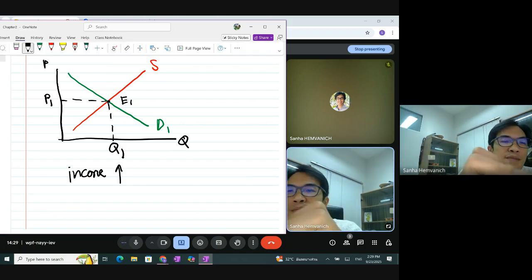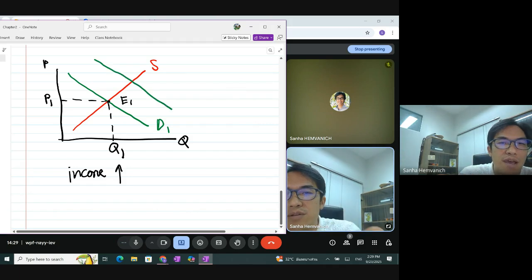So the demand curve will shift to the right. Okay, so D2.